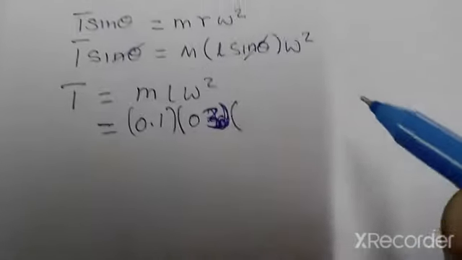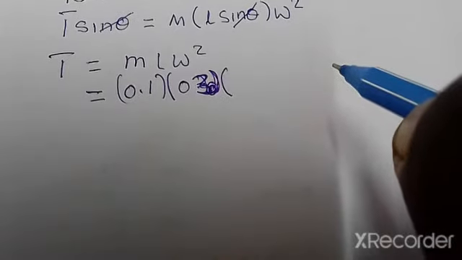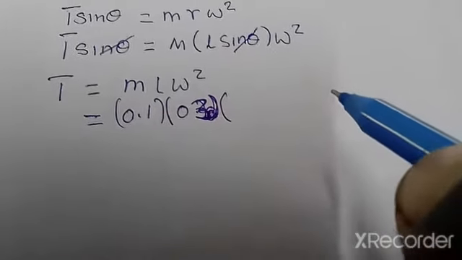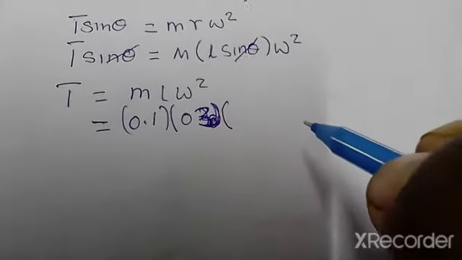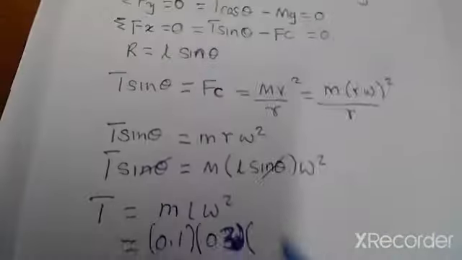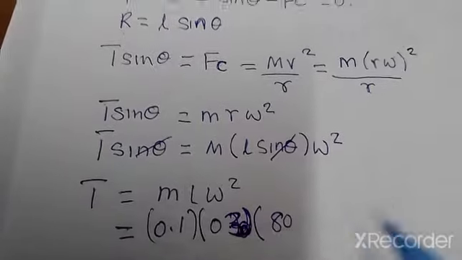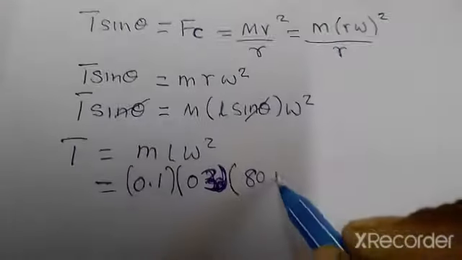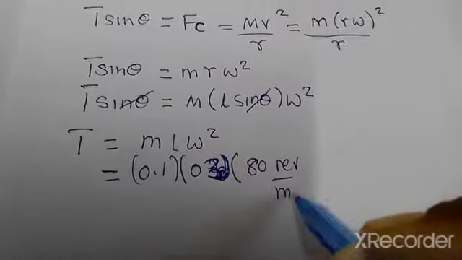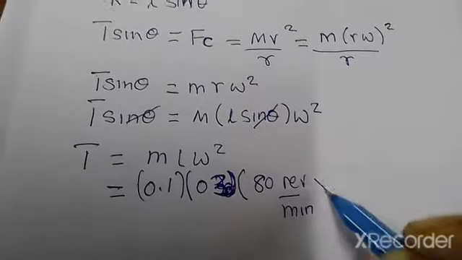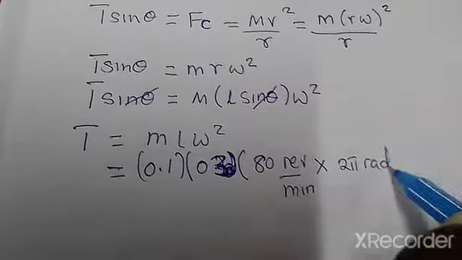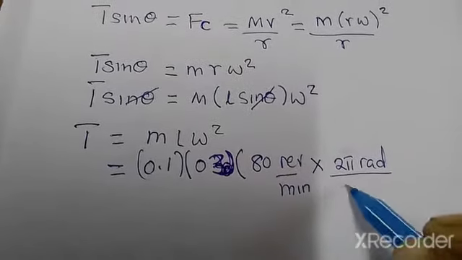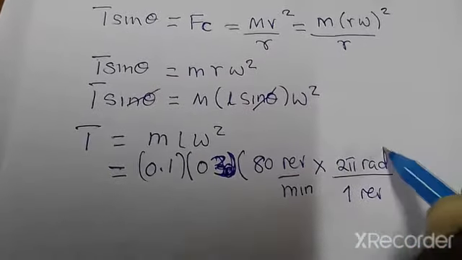Okay, so now we have 0.3 multiplied by omega squared. Now omega, we've been given that it is 80 revolutions per minute. So we can change that. It will be 80 revolutions per minute, then we multiply by 2 pi radians, since we want to end up with the radians on top, divided by 1 revolution.